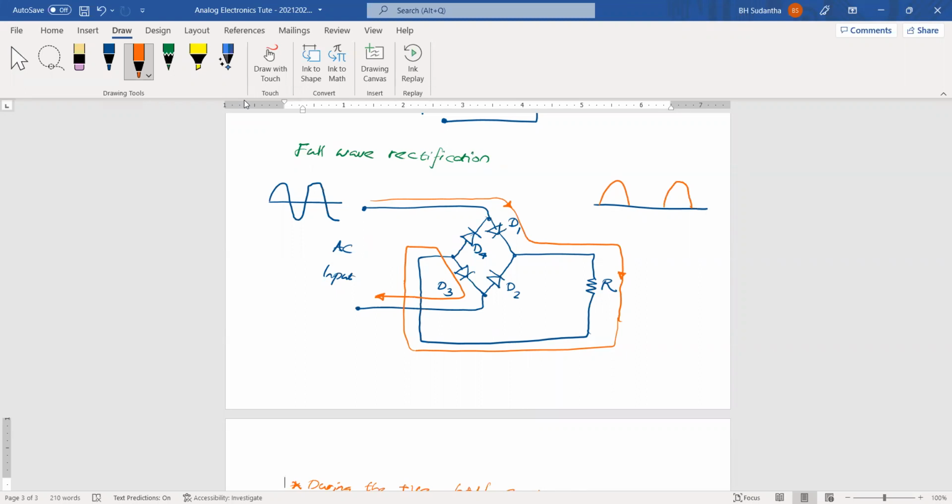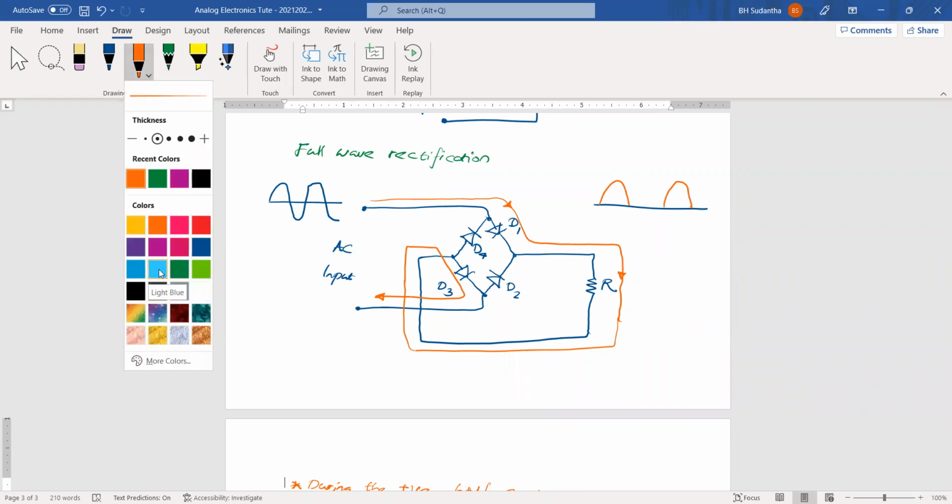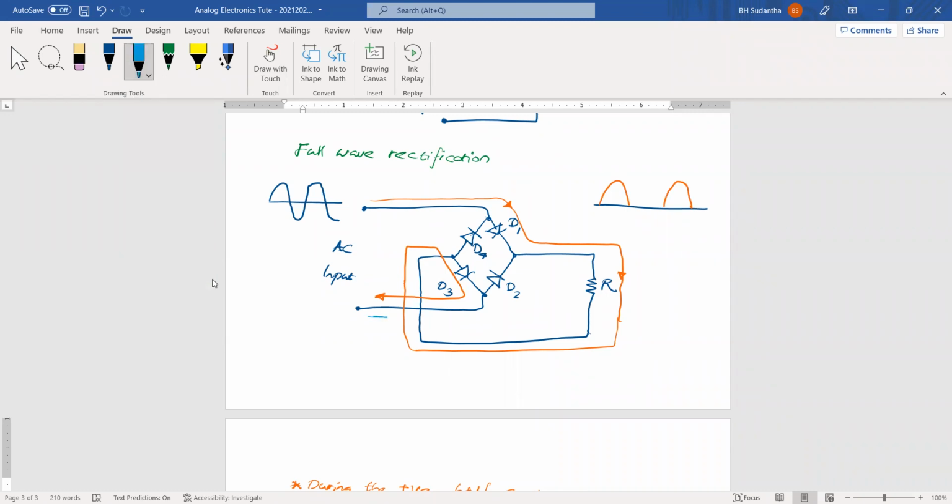Okay. When the negative half cycles come, then from this way, through D2, it can go, and then plus the resistor can come here.